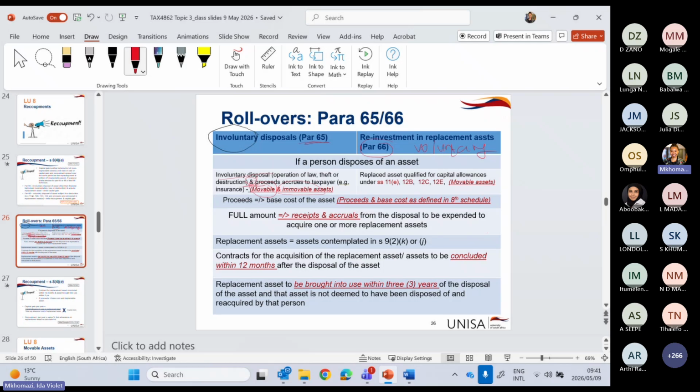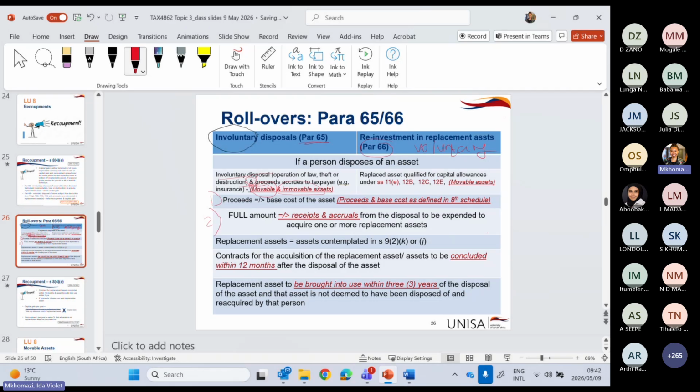Then these are the requirements that you need to meet. So all these requirements need to be met. The first one says that the proceeds must be equal to or must exceed the base cost of the asset. So this means that you must have a capital gain. If you end up with a capital loss, then this paragraph cannot apply.